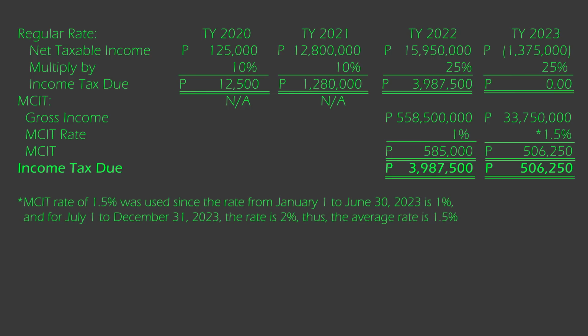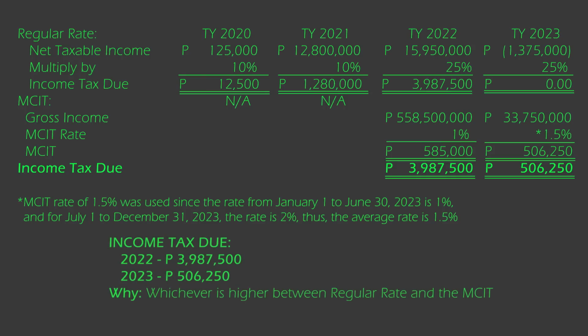It will also be subject to MCIT beginning on the said date since the corporation started its operations way back in 2015. Therefore, the income tax due for 2022 is 3,987,500 as this is higher than the MCIT, whereas in 2023, it shall be 506,250 as the MCIT is the higher amount.